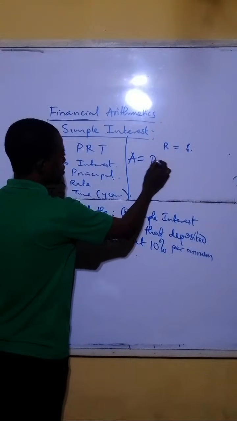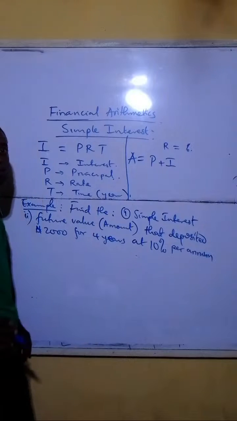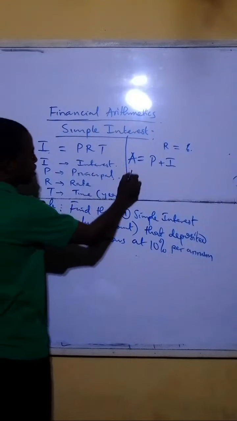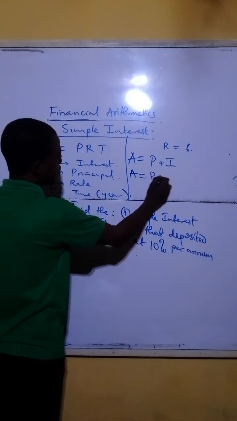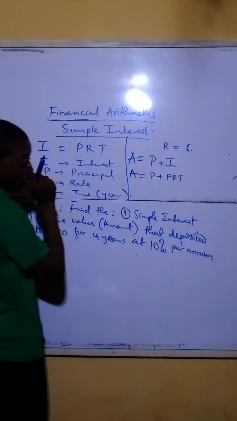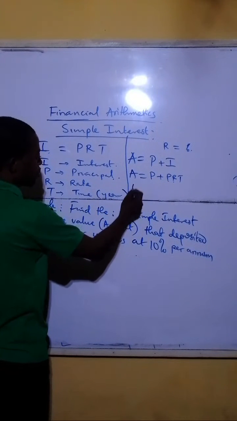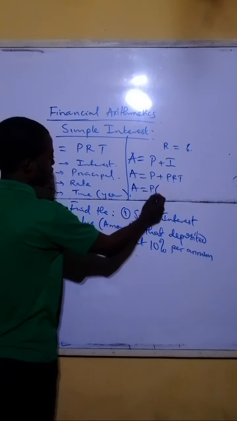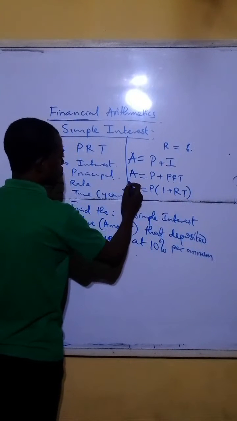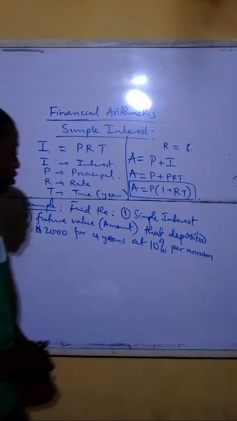So amount is always P plus I. Then we can derive something here by substituting the value of I. Since I equals PRT, we can say amount equals P plus PRT. So in case we don't know the interest and we know PRT, we can factor and have A equals P into brackets 1 plus RT. So this formula also is important as far as simple interest is concerned.